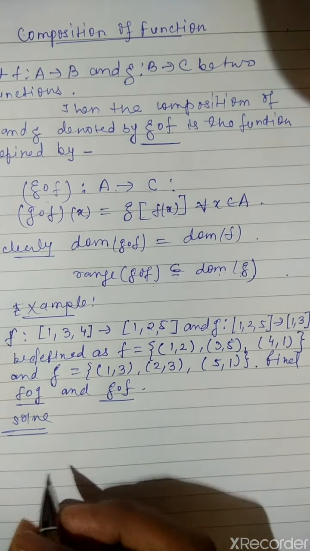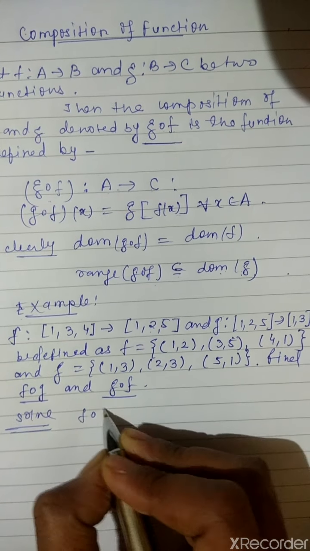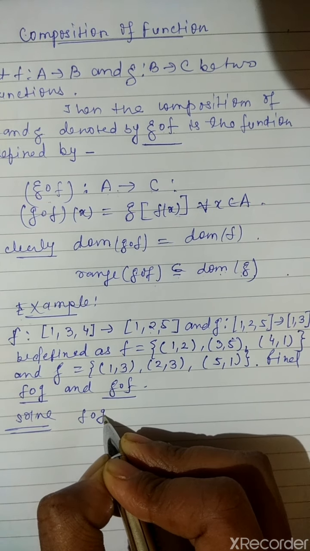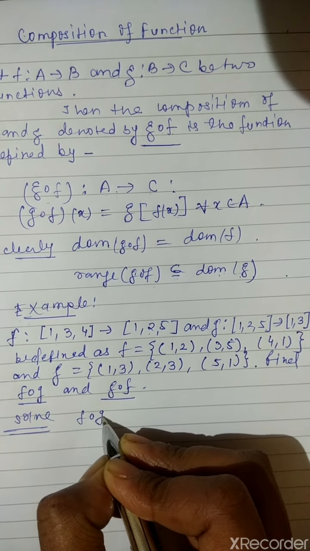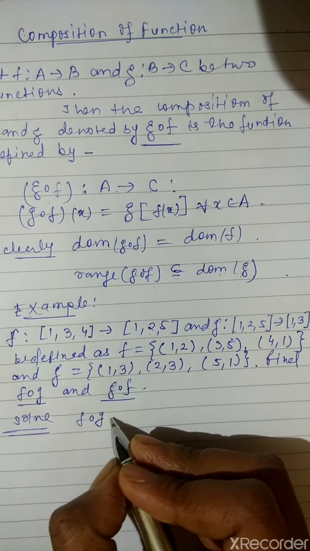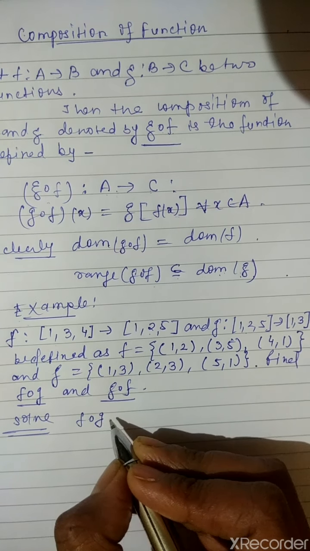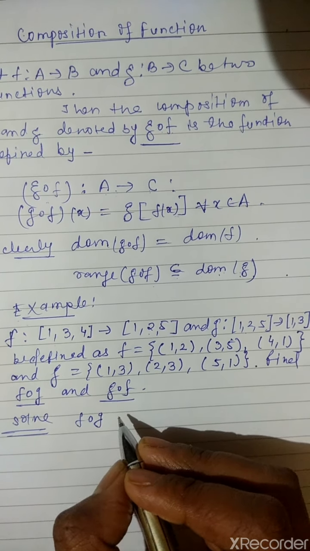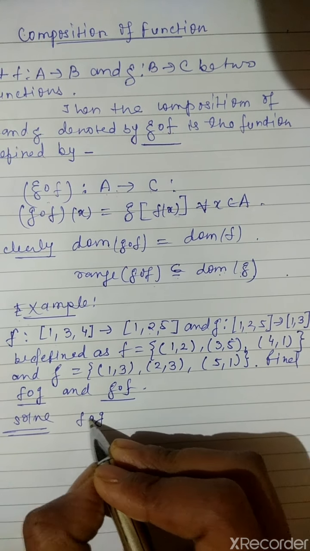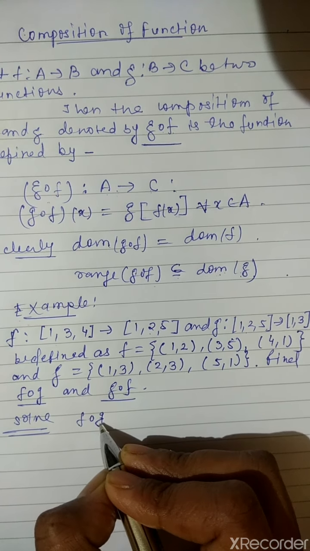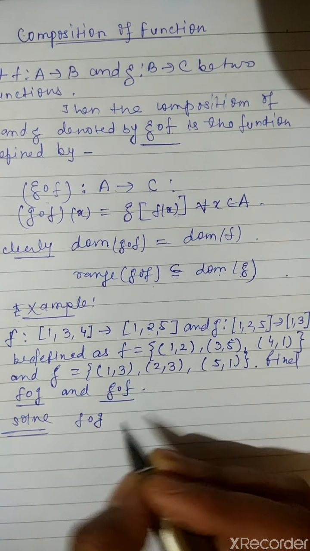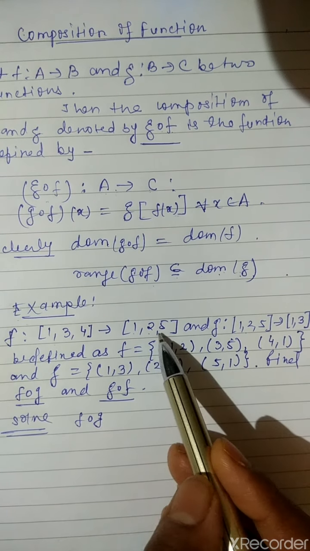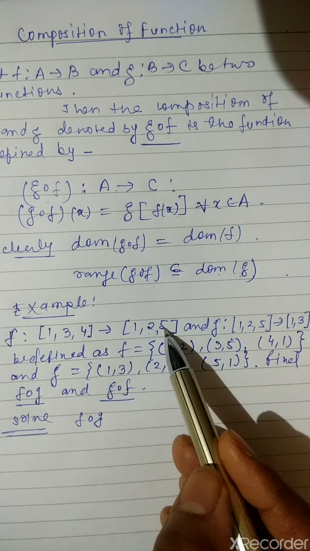First is F naught G. While defining F naught G, we have to take 1, 2 and 5.